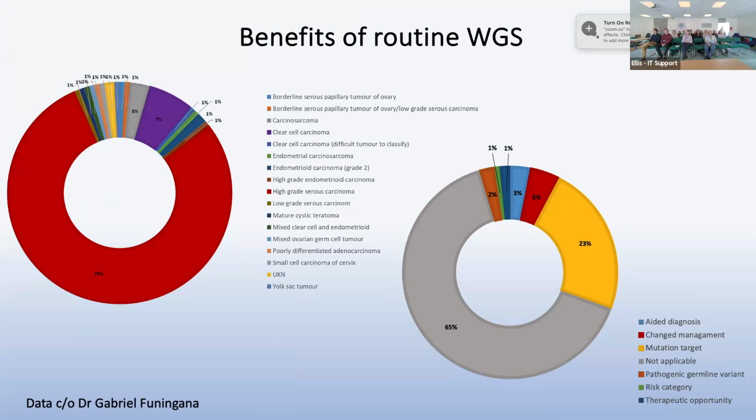So in a lot of these cases, with HRD signatures, you can use PARP inhibitors, and the best way to detect that is in whole genome. There's a family of homologous recombination genes, like BRCA, that are typically mutated in these HRD cases, but a lot of them don't have those mutations, and you only see the signature, but that still confers the response. And WGS was really good at picking those up.